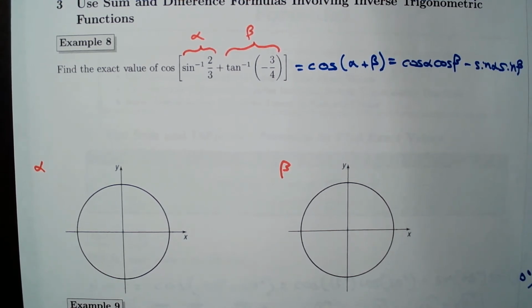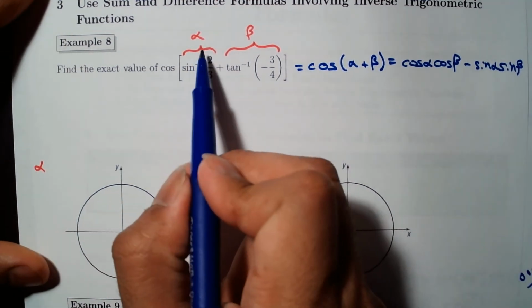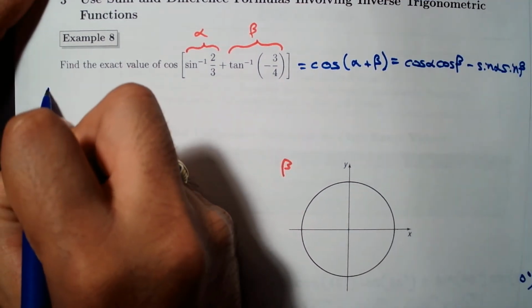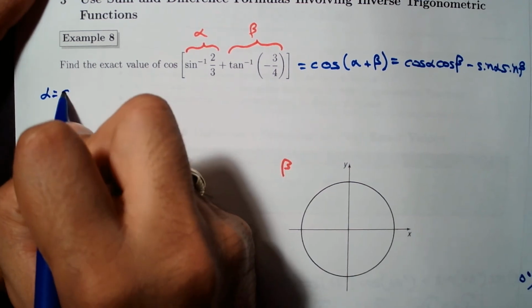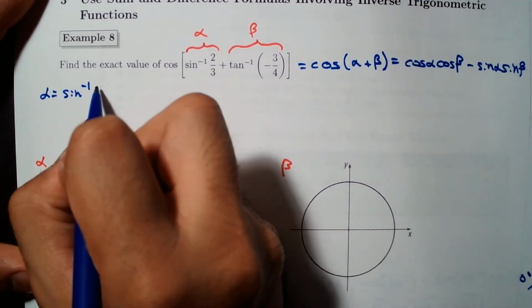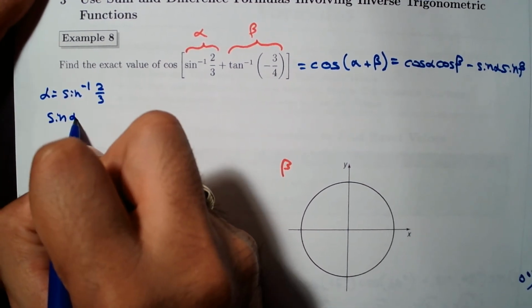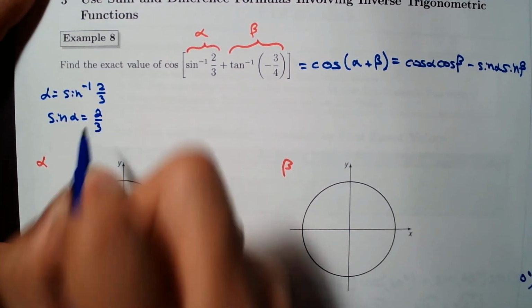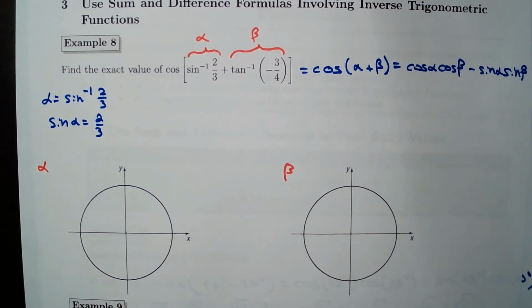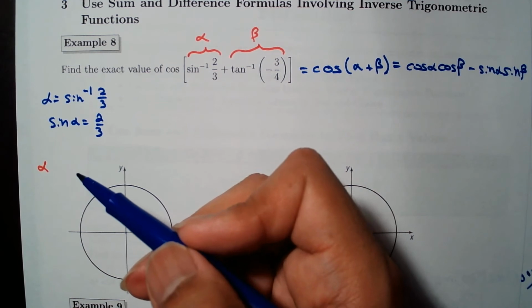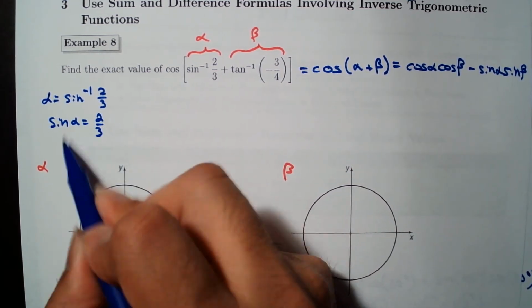All right. So in this case, for alpha equals sine inverse of 2/3, which means that sine alpha equals 2/3. So what we are going to do here is create a point.